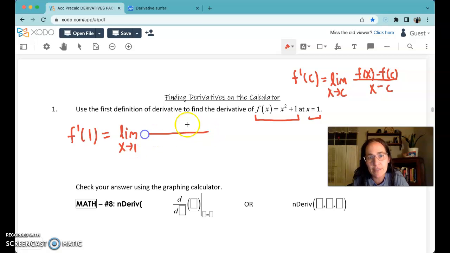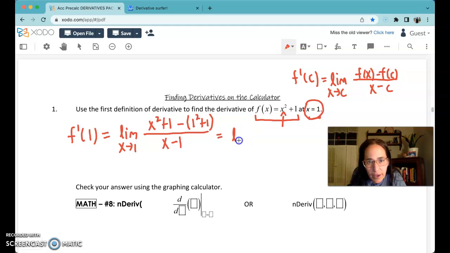So of f of x minus f of c. So we'll go f of x, x squared plus 1, minus f of this value. So minus f of 1. I'm going to plug a 1 in where I see x squared. So it'll be a 1 squared plus 1. All over x minus c, so we'll say 1 on the bottom as well.